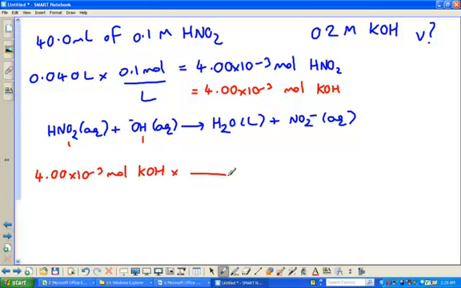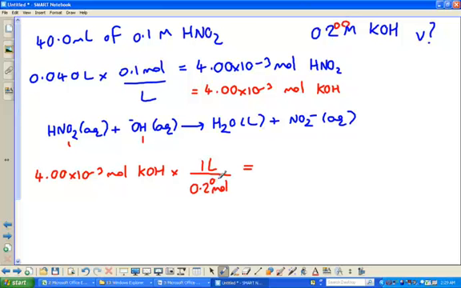But we also know the molarity of our solution is 0.2 moles per liter. Well, I want to have a volume at the end here in liters, so I'm going to have to put my liters on the top. Alright, I got 1 liter on the top, and that's 0.2 moles of KOH on the bottom. So when I divide 4 times 10 to the minus 3 by 0.2, actually this really should be 0.200, I should make that a little bit more accurate.